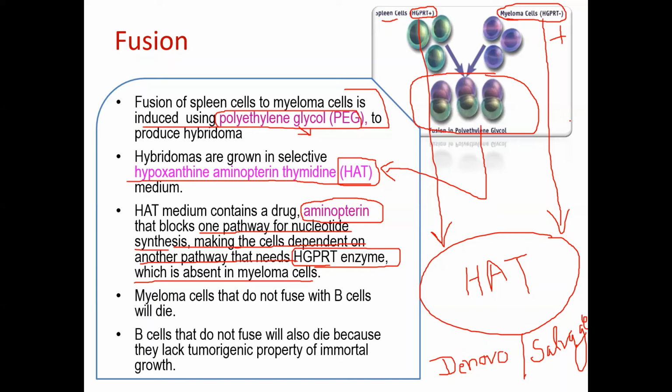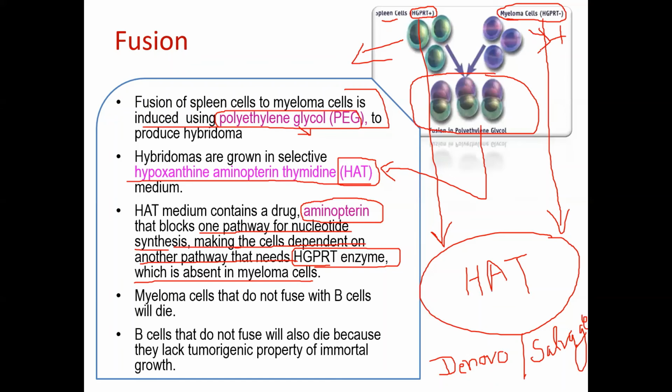So at least they have one pathway that can help them to survive, because the other pathway is blocked by HAT. And finally, both of the unfused cells, whether the HGPRT-positive spleen cells or the myeloma cells, are going to die within a few hours, because they cannot use either or both of the pathways of nucleotide synthesis.